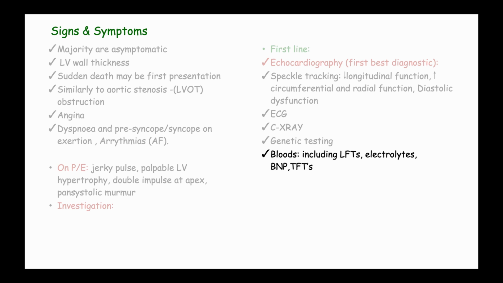Then we can also do the thyroid function test, since we said hypothyroidism can also cause some of these problems. Now, our second line of investigation is cardiac MRI. MRI is useful for evaluating ventricular wall thickness and the presence of replacement myocardial fibrosis. So that's why we employ MRI in the diagnosis of hypertrophic cardiomyopathy.